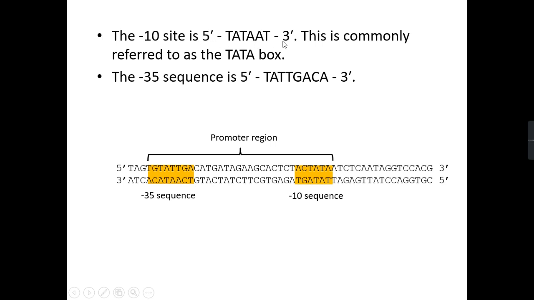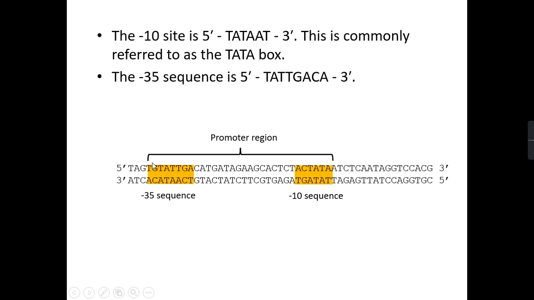And the -35 sequence or region, from the 5 prime to the 3 prime end, is TTGACA. These are the regions. Getting from this region down to this side, we are approaching the +1 region.